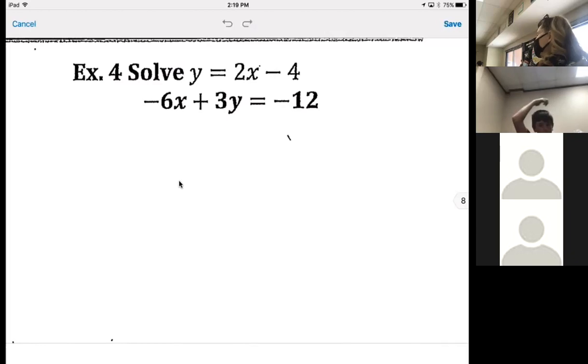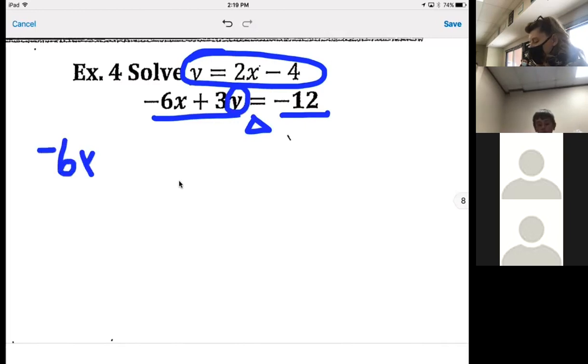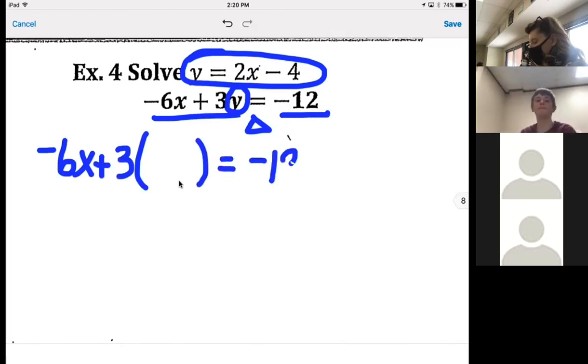All right, this looks like another one of example 2. We have y equal to 2x minus 4. So that's going to be our quick change. So this is our teeter-totter problem. We're going to take and remove the y, and we're going to put 2x minus 4 in its place.